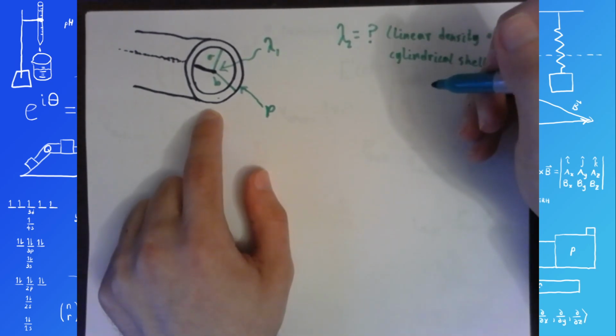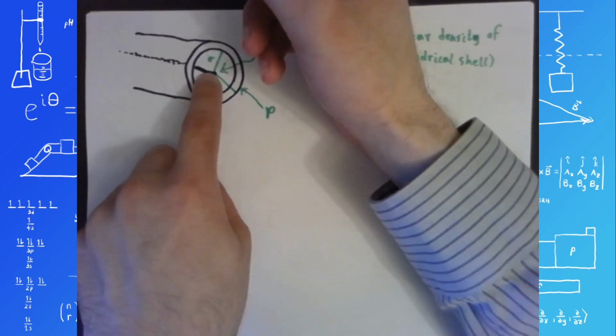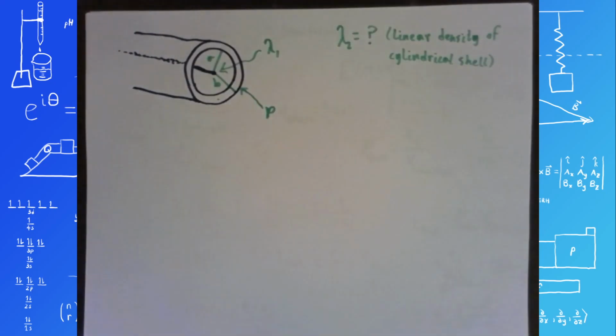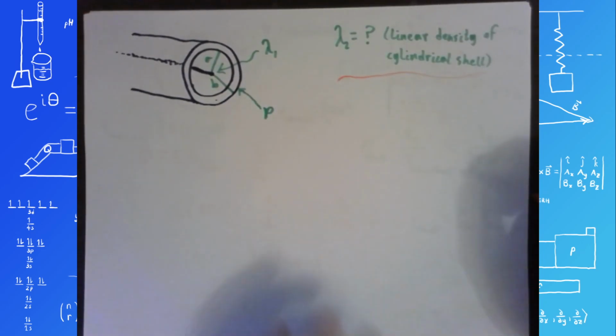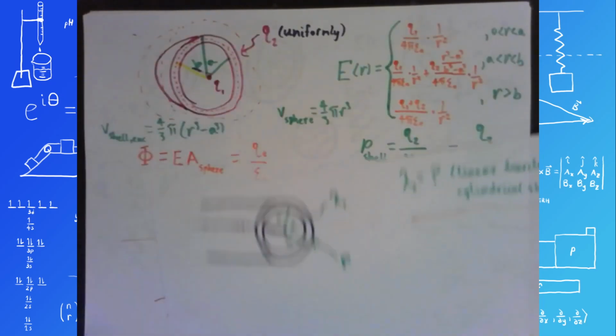And I don't know if I mentioned this yet, but both this line of charge and the cylinder are infinite in length. Okay, how do we find this lambda 2? Well, we can do pretty much what we just did earlier with finding the volume charge density of our insulating spherical shell.